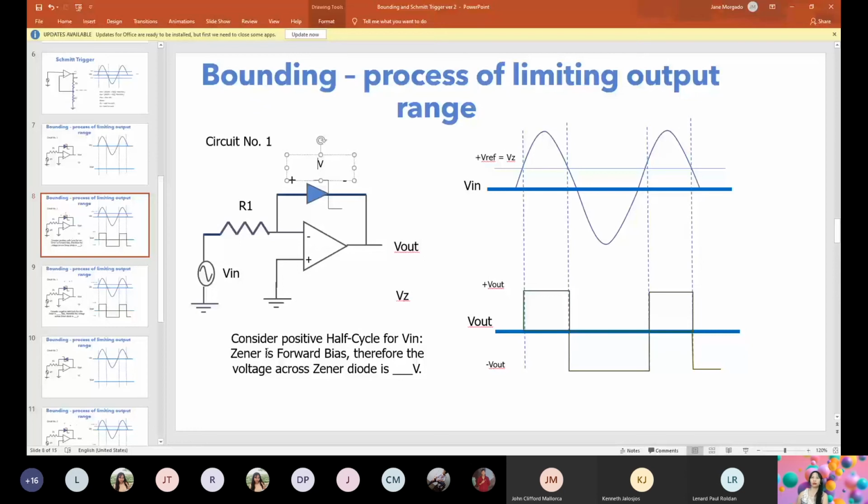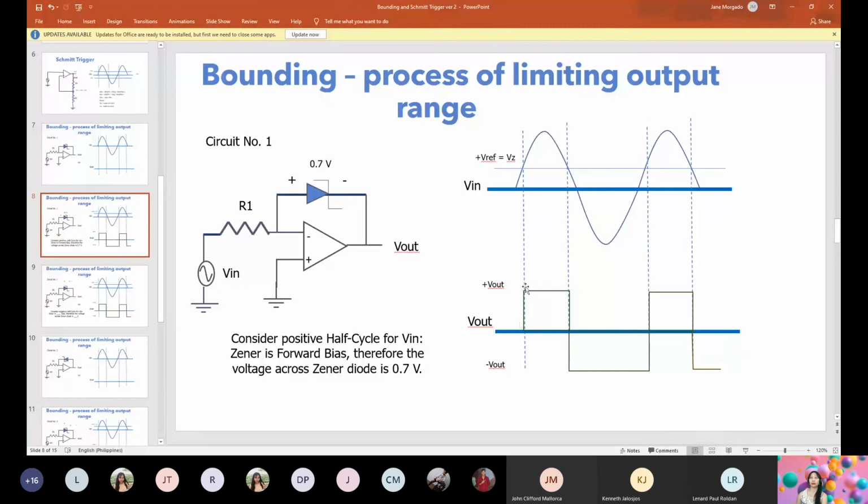And what would the output voltage be equal to? Imagine yourself measuring the output voltage here, with the positive probe here and the negative probe here. What do you think you will be able to measure? This is the voltage across the Zener, so you have 0.7, positive and negative. Negative, that's right.